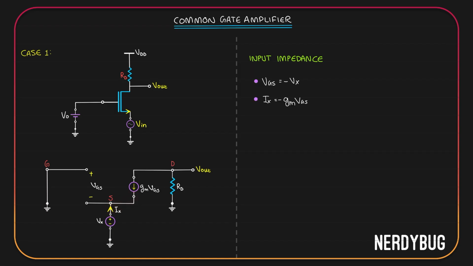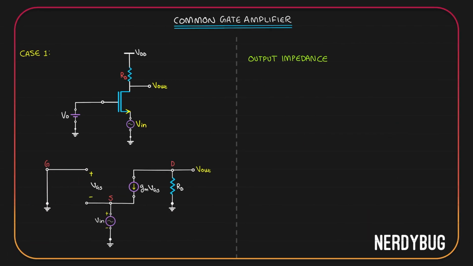Let's write it down. Again, VGS is negative Vx. So negative of VGS is just Vx. We get Ix is GMVx. What we want is Vx by Ix. It is 1 by GM. So the input impedance is 1 by transconductance of the MOSFET. Let's find the output impedance now.